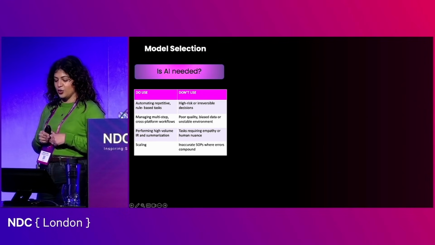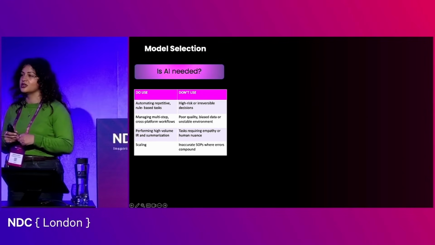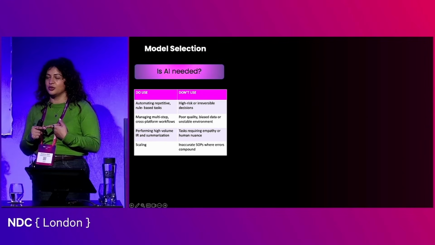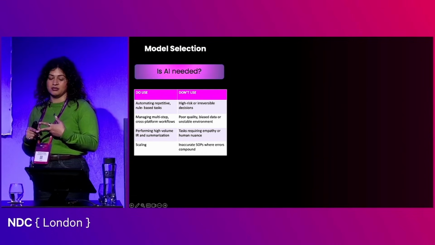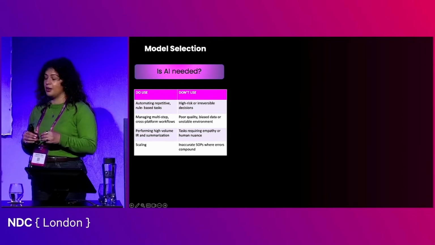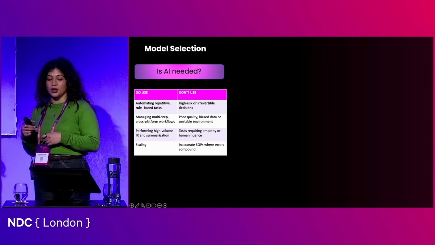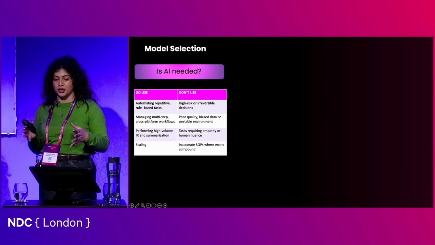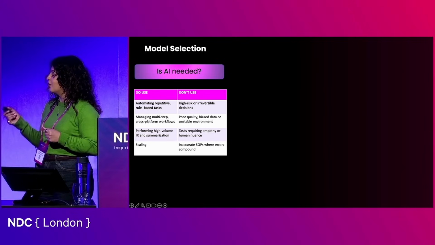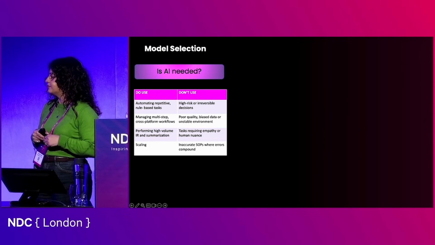Any task requiring empathy or human nuance, so life and death medical decisions, legal judgments, and social care, all very, very human nuanced decisions that require a lot of understanding of different components that are very complex and not really something we want to offload to AI.